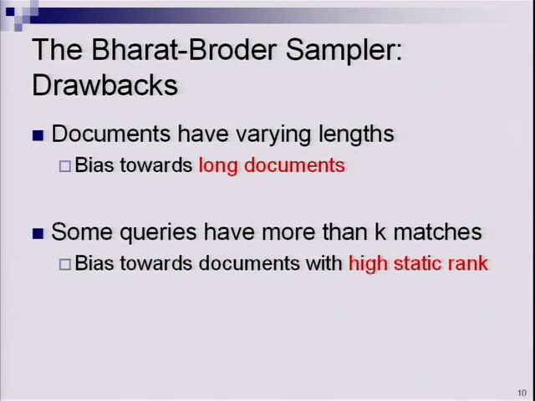Even though the choice of the terms was meant to return fewer than K results, sometimes these terms return more than K results. In that case, they just choose among the top K, meaning that matches beyond the top K have 0 probability to be selected. So documents that have low static rank have very little probability to be selected, and therefore this method favors highly ranked documents.